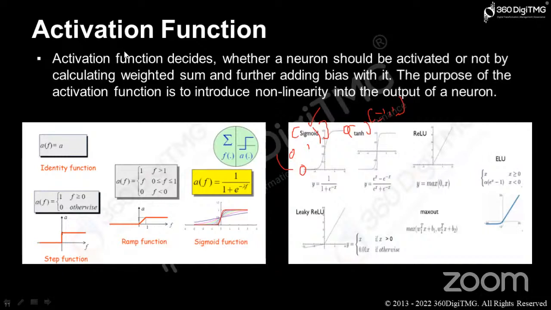One more function we have is softmax. So what is softmax? The softmax function calculates the probability distribution of the event over n different events.